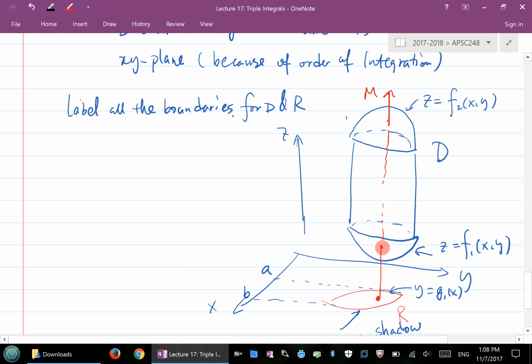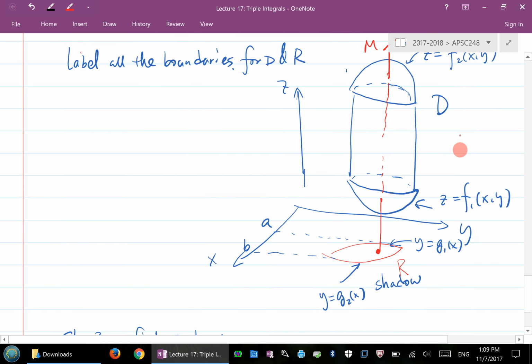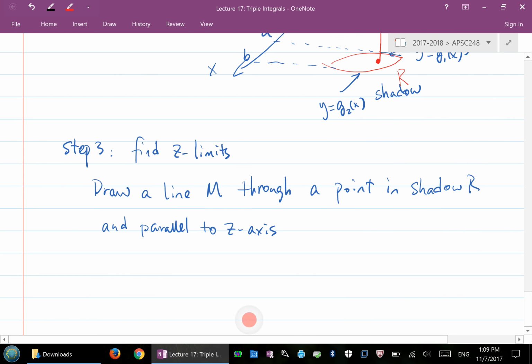Then you will have a first contact point and a second contact point, basically an entry point and an exit point. The first contact point will give you the z min, and the second contact point will give you the z max. So first contact results in the z min, and the second contact gives you the z max.